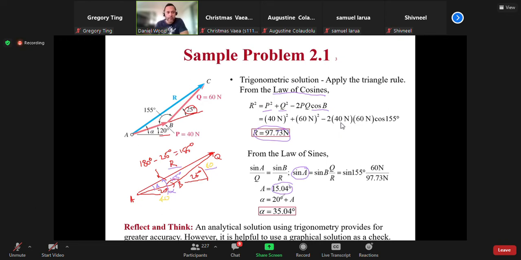So sometimes it could be with respect to the vertical, but it really depends on how it was framed in the question to begin with. Yeah, Valraj, the angle A, yeah.